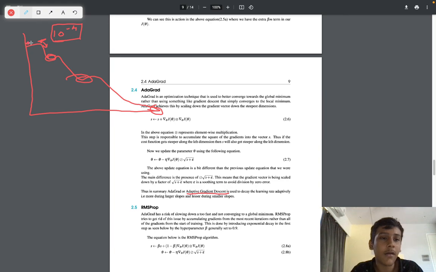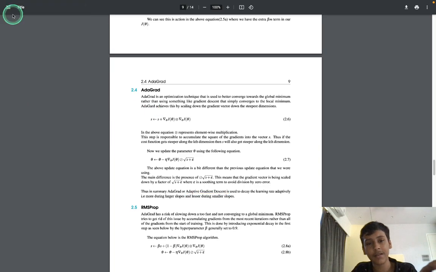When we are over here, we don't want to step just by this small amount. We want to step a lot, and we only want smaller and smaller steps when we are converging to a minimum. So we shouldn't have a constant learning rate. We should have a learning rate that varies, and that's exactly what Adagrad wants us to achieve.